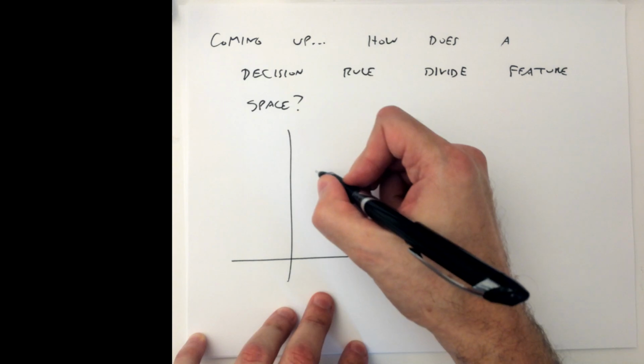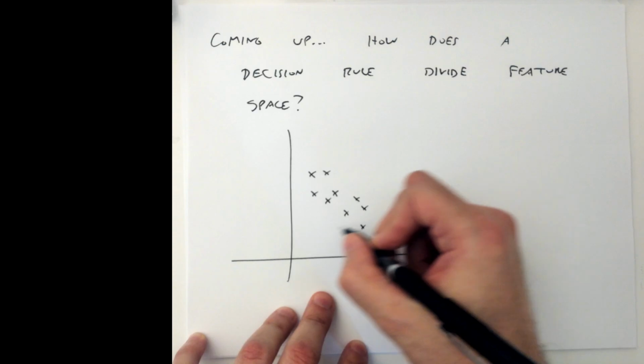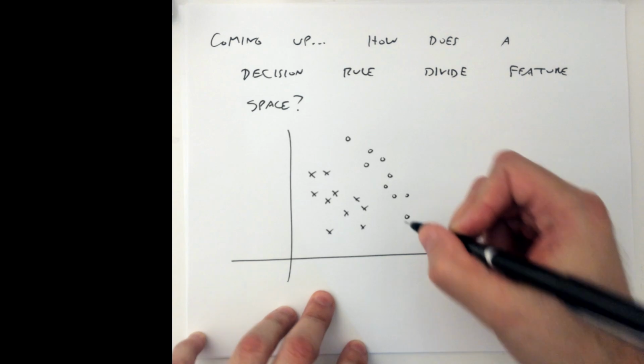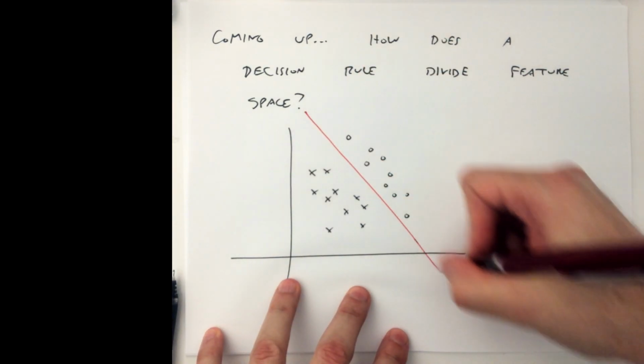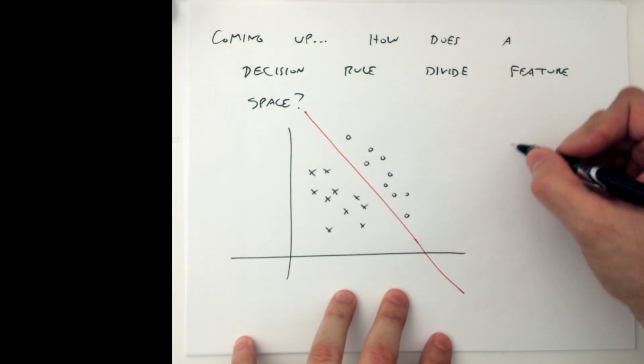So another way of thinking about a decision rule is kind of like saying, I have a bunch of X's and O's, right? I train some sort of classifier, and one classifier like this may just basically draw a line through space, right? But there may be some situations where my feature distribution doesn't look like that, right?